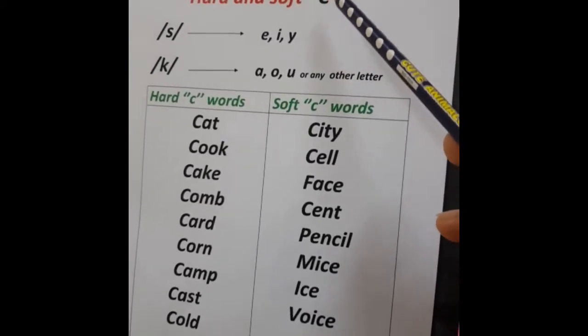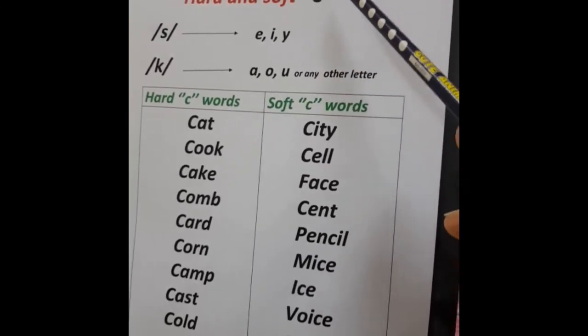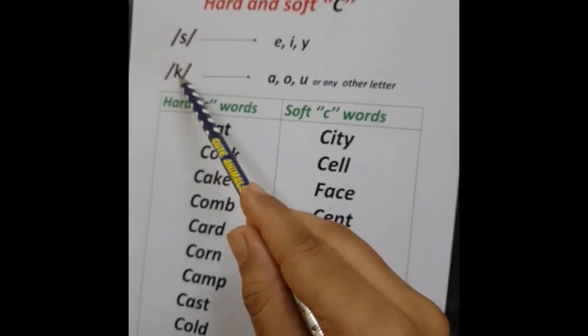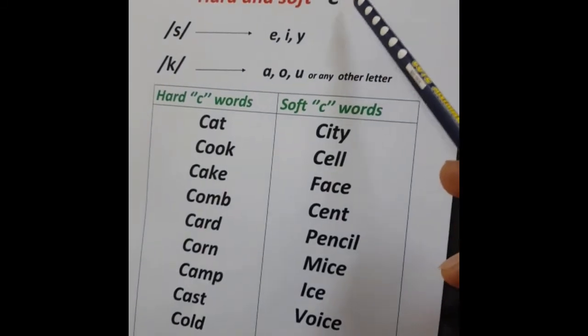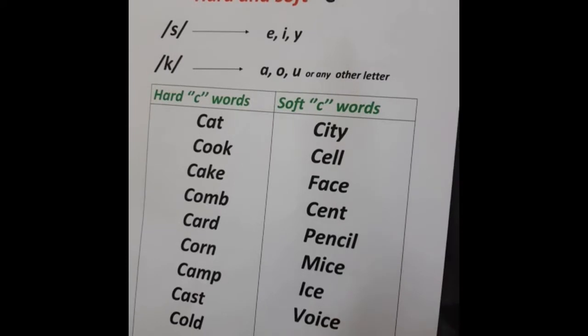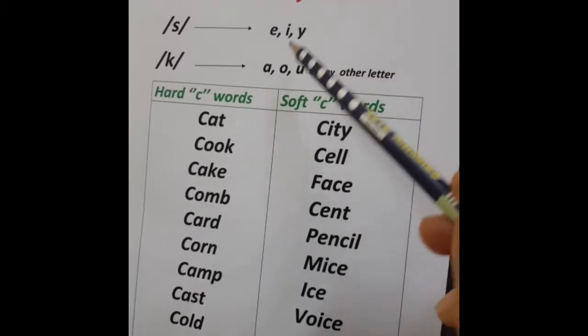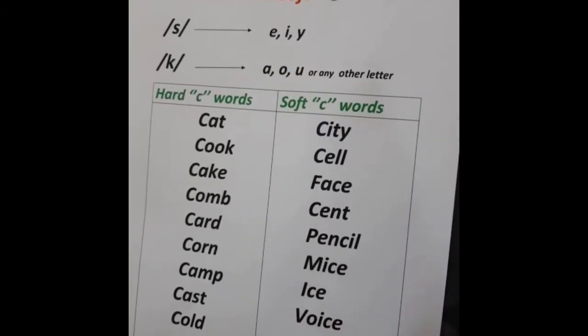K. But C has one more sound, that is S also. K is its hard sound, and it comes when it has A, O and U along with it in a word.